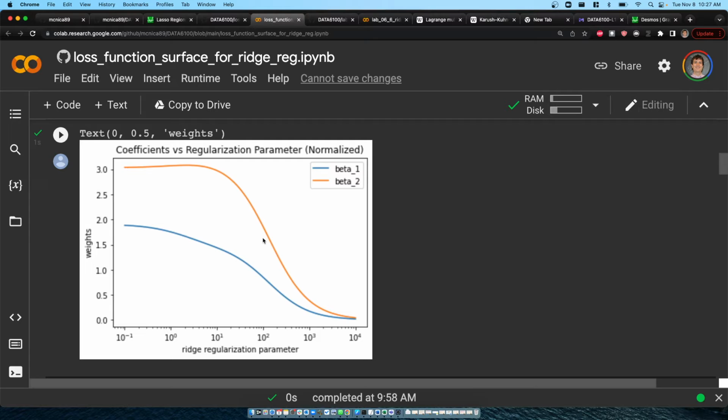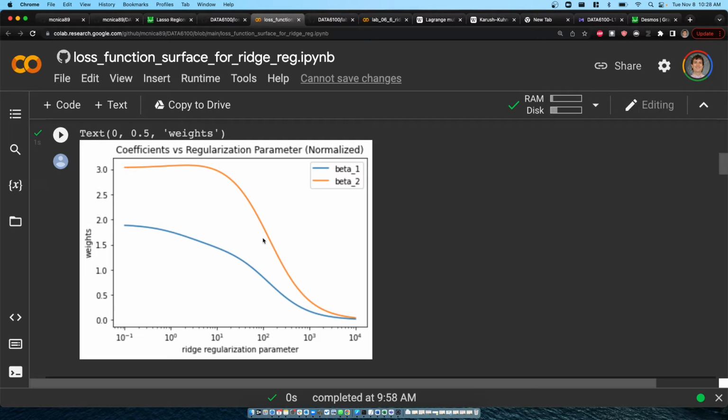So what's happening in this particular problem, beta 1 starts at about 2, and it goes all the way down to 0. Beta 2 starts at 3, it goes up just a tiny bit, and then it comes all the way down. And this isn't surprising because the true value is 2, 3. So the fact that they start near 2, 3 is about right. And they go to 0 because as you add on more and more alpha, the optimal solution goes to 0.